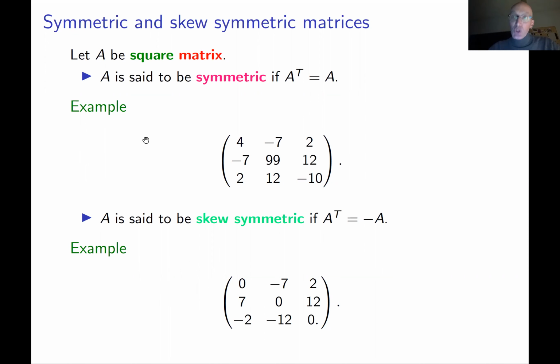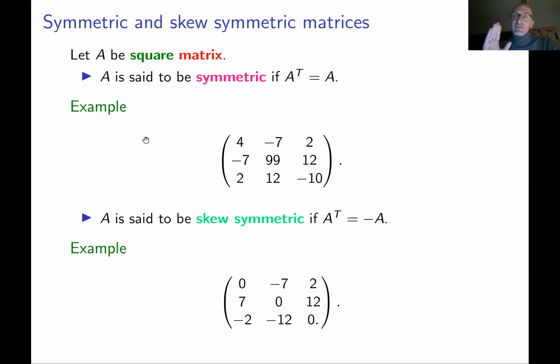A matrix is called skew-symmetric if you transpose it and you get minus the original matrix. This is less common. In this course, you're not going to see it quite often, but they also play a very important role in mathematics, so it's good to know what they are. Also, one of the exercises in the tutorial is about symmetric and skew-symmetric matrices.